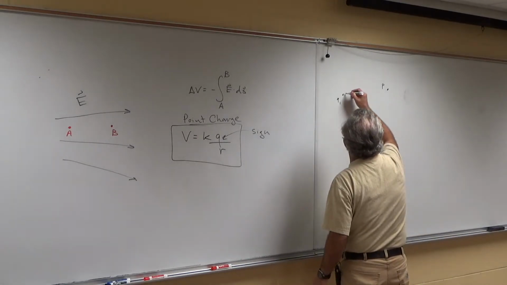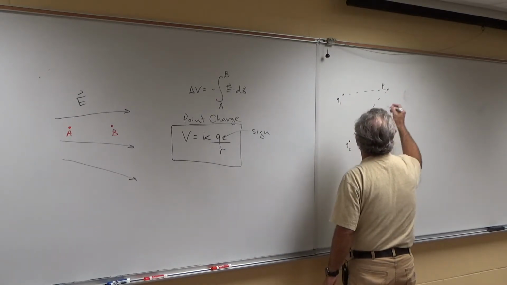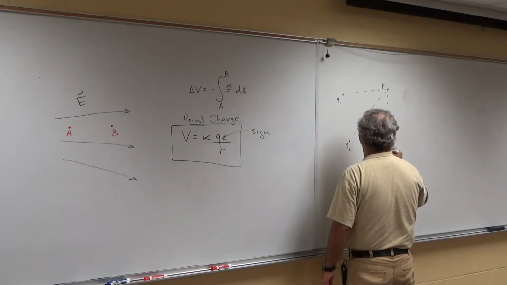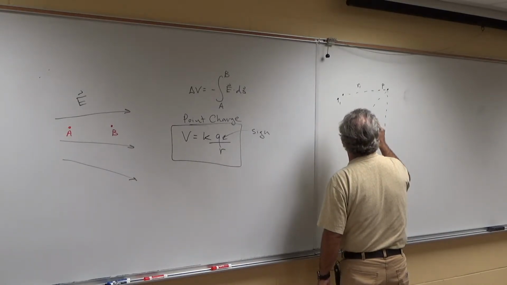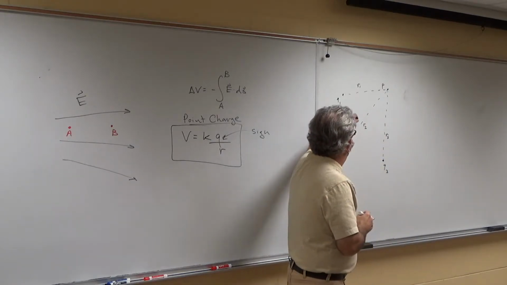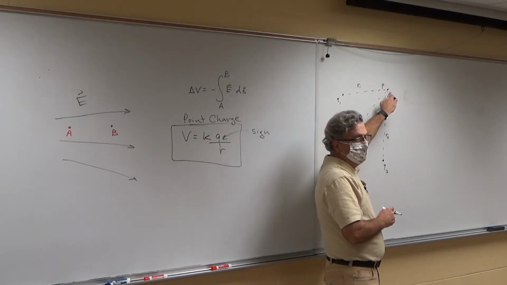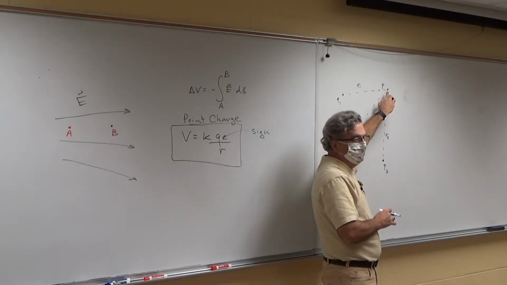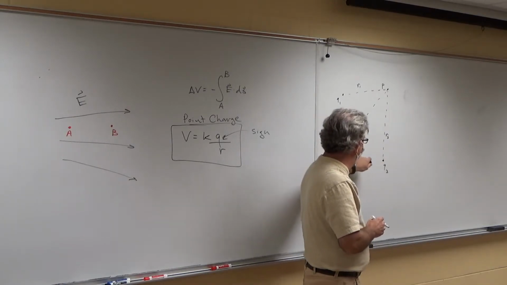So let's say you have 3 charges, Q1, Q2, and Q3. This is the distance from Q1 to the point, no charge here. This is just some point in space. R2 is the distance from Q2.